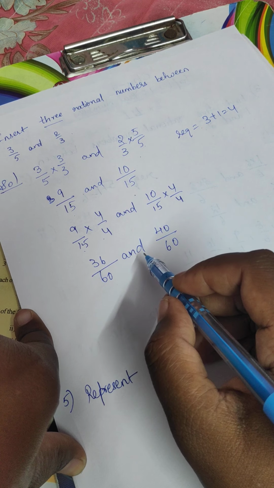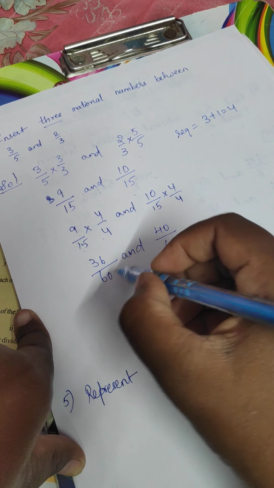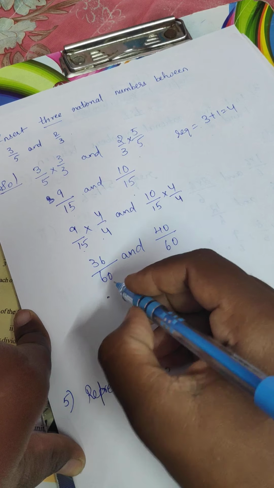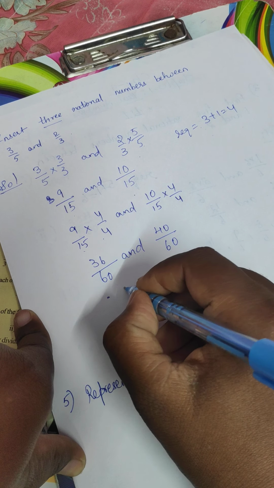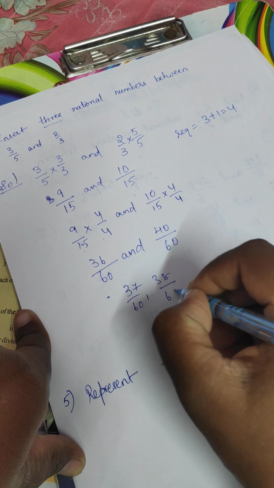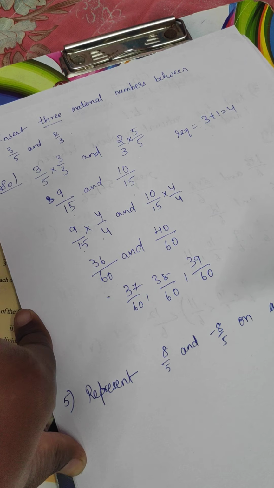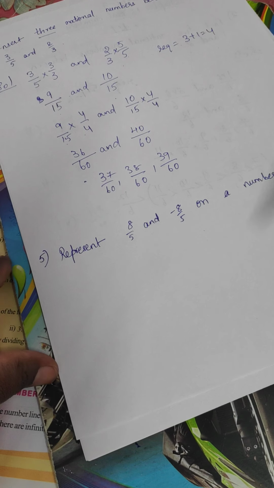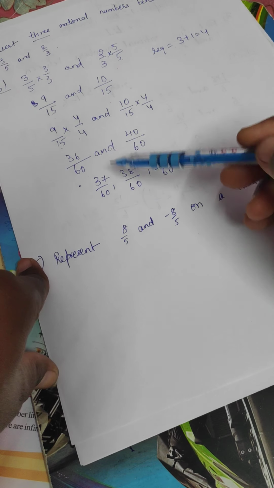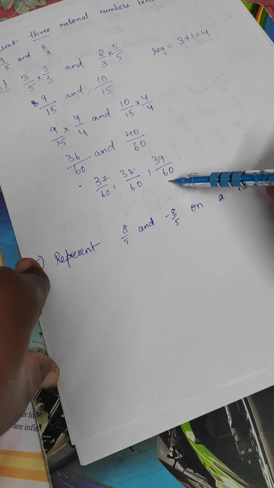So the three rational numbers between these are 37 by 60, 38 by 60, 39 by 60.